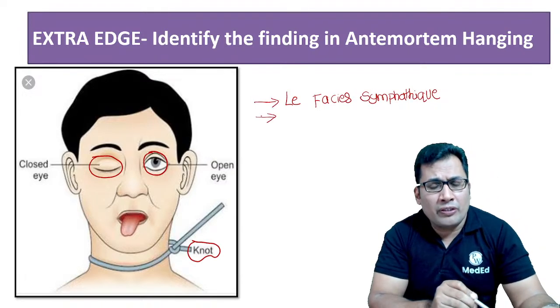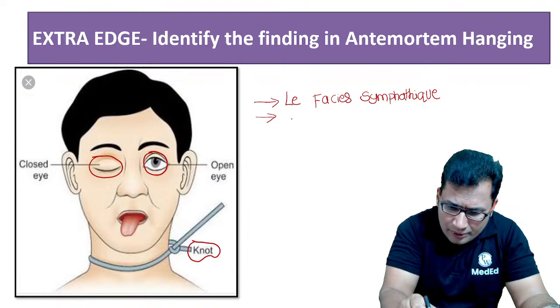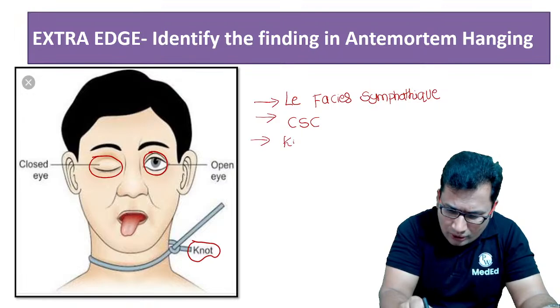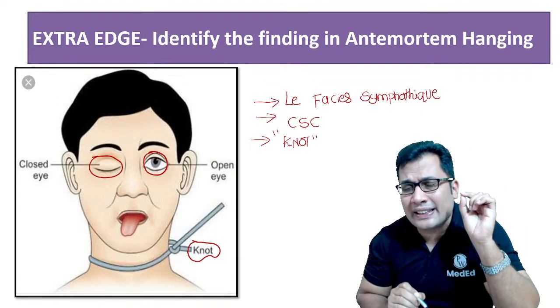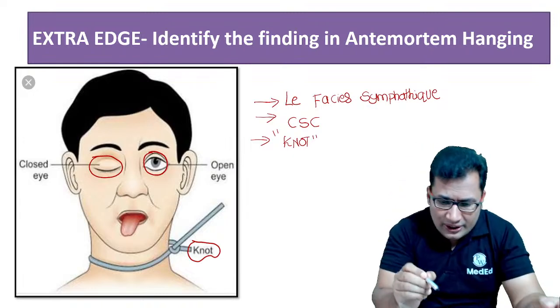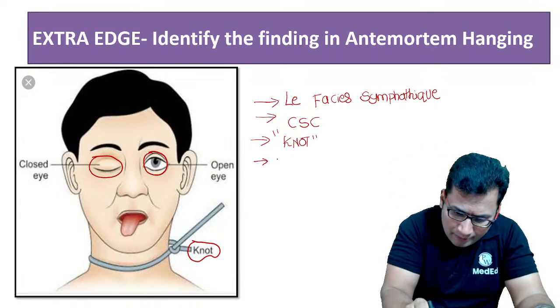It is because of compression of the cervical sympathetic chain, because of the knot or because of the ligature material. It is present on the same side of the knot. So this can be asked. Same side of the knot.